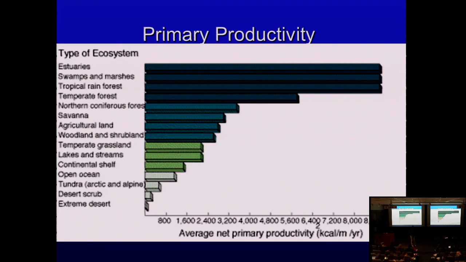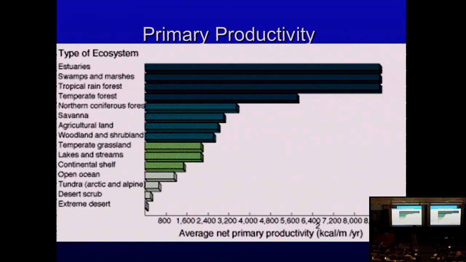We should be protecting these, right? Because they're taking the carbon dioxide out of the atmosphere. This is in net primary productivity, kilocalories per square meter, that should say square meter per year. And then as you go down, you see things like desert, tundra, the open ocean are very low. So you could be tempted to say, we don't need to protect these as much. Those are the ones we should protect because they are so valuable to us for all that they do.